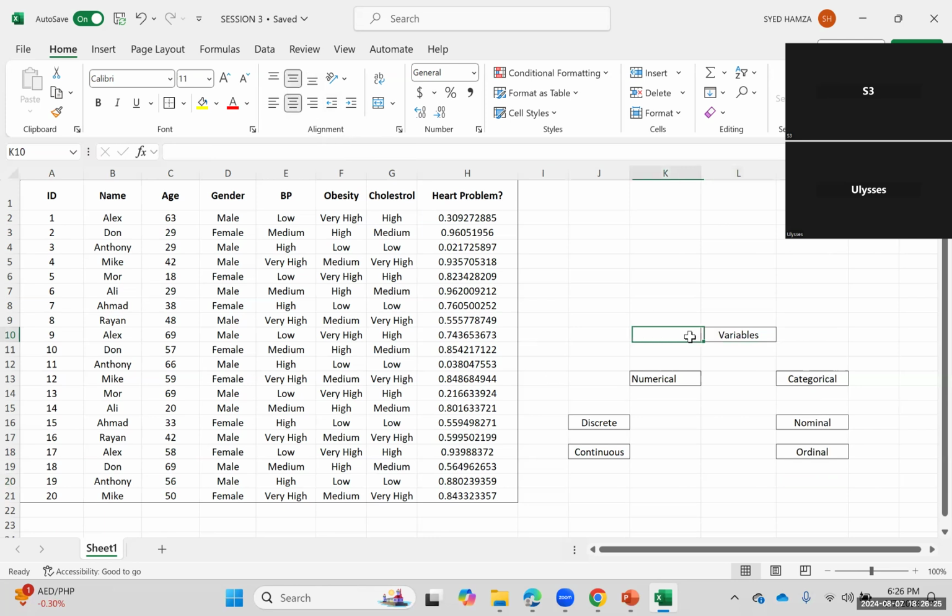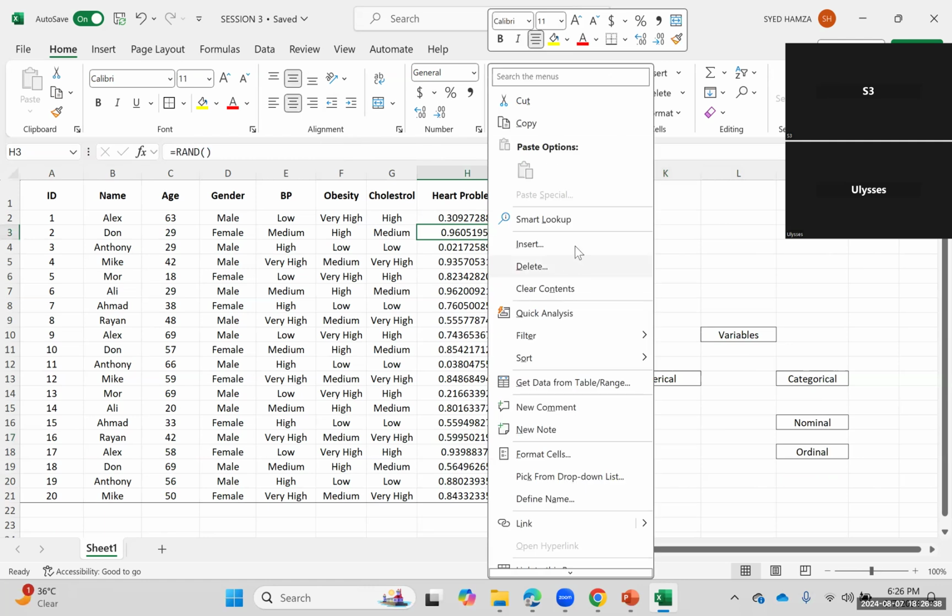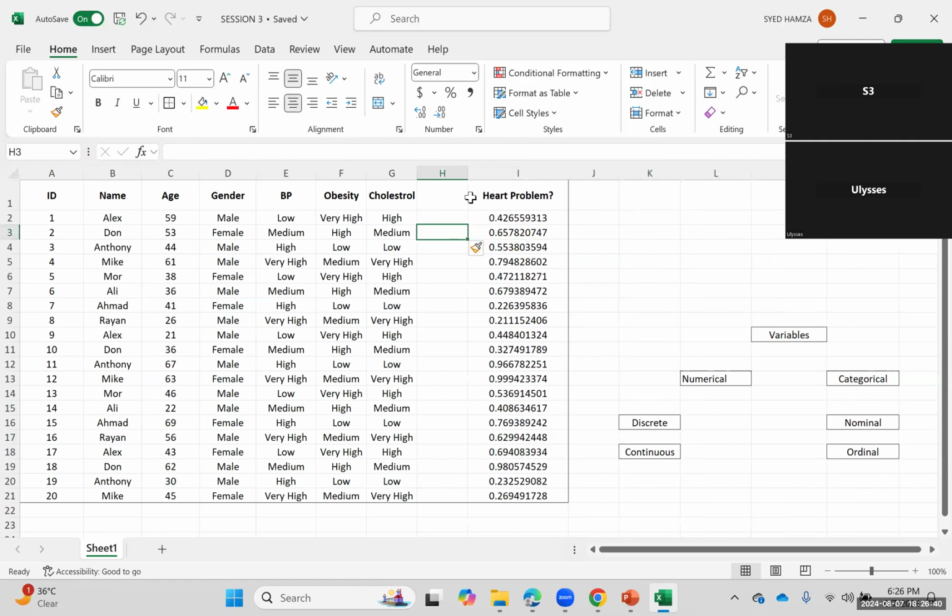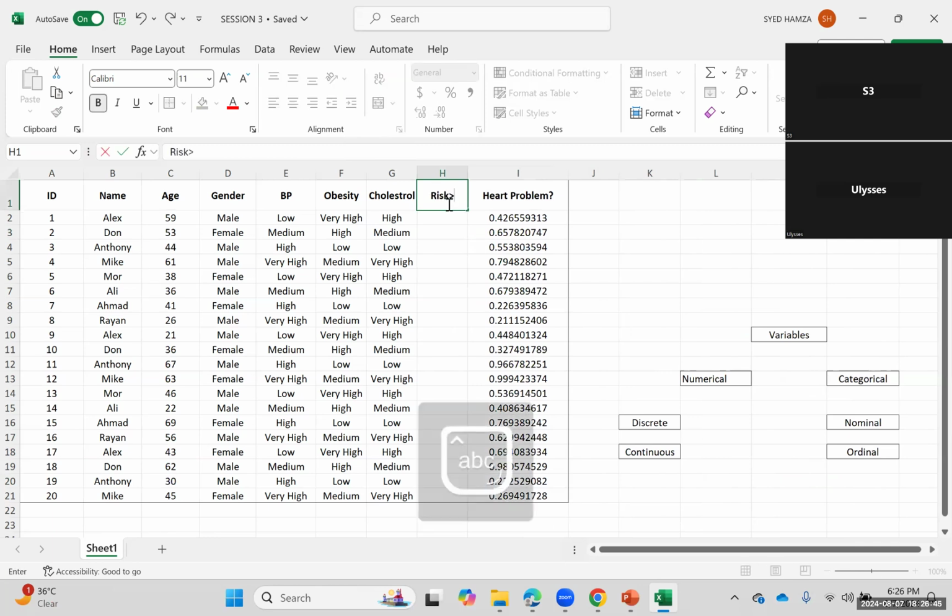So normally, when you look at this probability, it's continuous. But if you wanted to convert this to whether a person will have a yes or no problem in future, I'll just insert a new column here called risk.